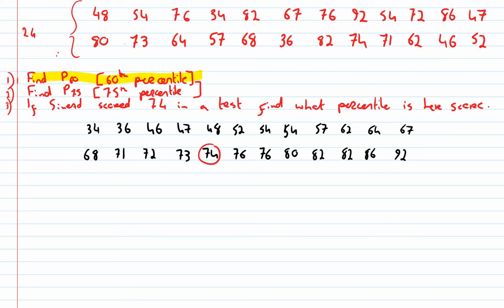All these people she's done better than. Let's see how many people she did better than. 1, 2, 3, 4, 5, 6, 7, 8, 9, 10, 11, 12, 13, 14, 15, 16. So she did better than 16 people out of 24. So all I want to do is change that to a percent. And that is 66.66%.